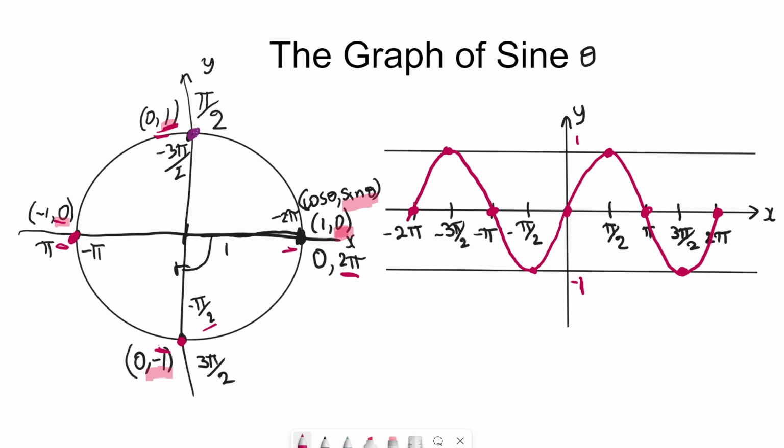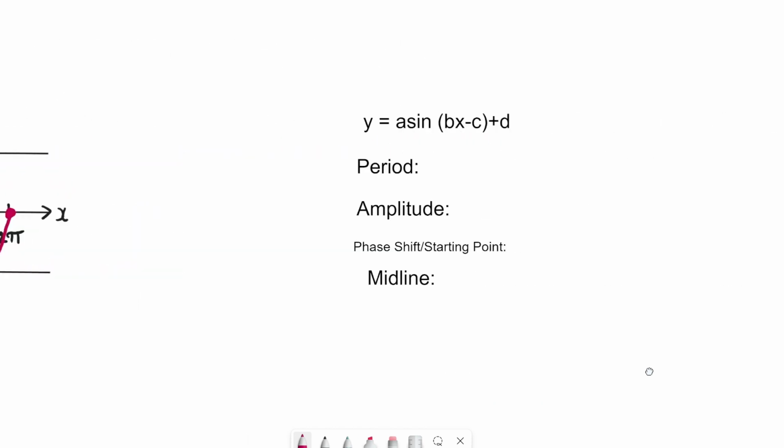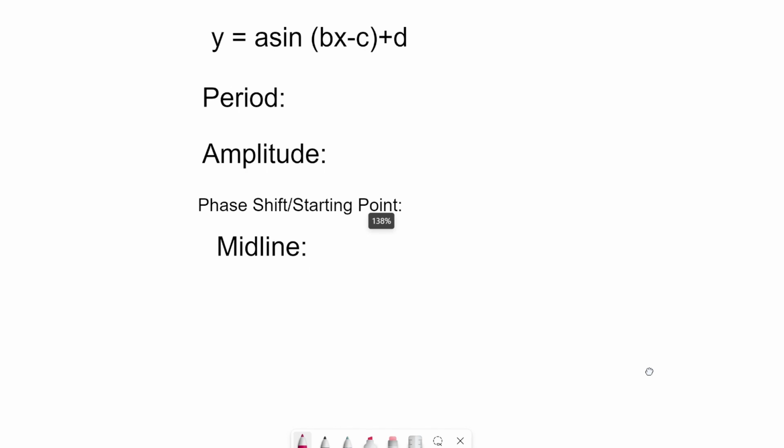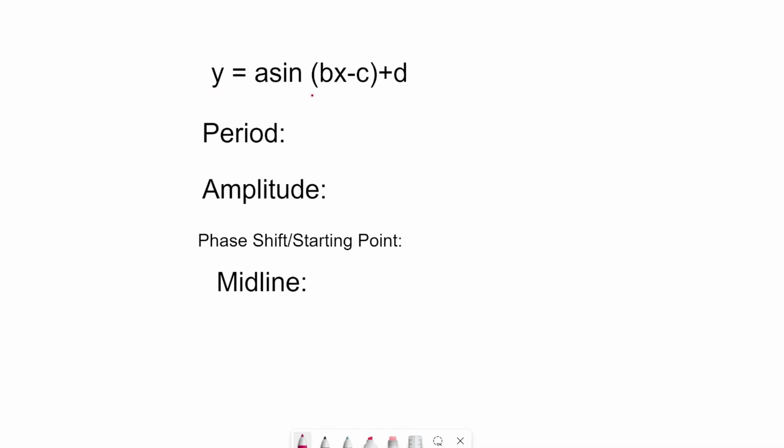Now you should notice something. The sine graph is repeating, right? So it repeats every 0 to 2 pi, even in the opposite direction. So this is going to lead us to some characteristics that are going to be very important for us. Okay? And so let's say we have y equals a times sine of bx minus c, plus d.